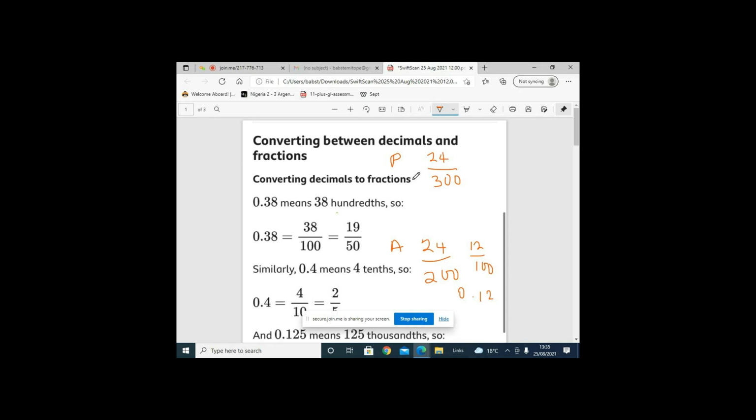No, it's going to be 6 over 100. Sorry. When you divide 24 by 3, you get 8. 8? Yeah, that's true. So 8 over 100. It's 0.08. That's the answer.